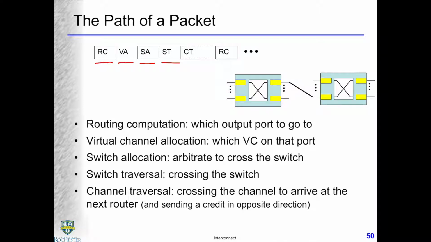Okay. So a packet comes into a channel, and then you compute the route, and therefore pick what physical channel. And then the next step is to pick the virtual channel. Then you cross the switch when you get the chance, and this requires allocation.